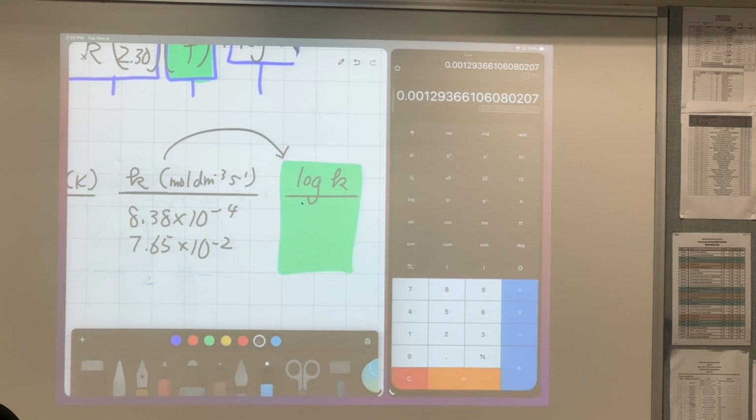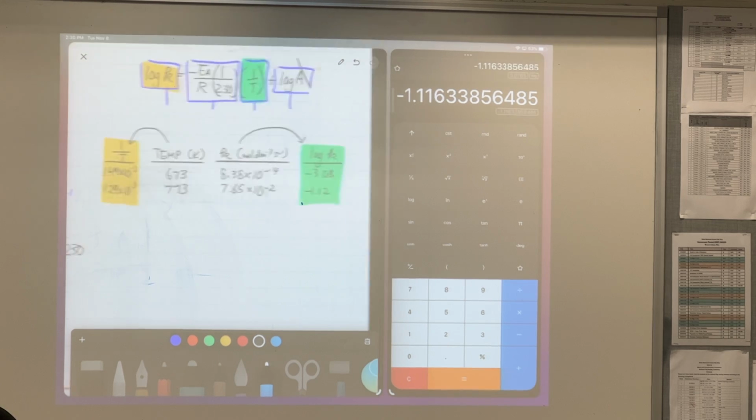So we'll check the answer. Do you get the same number? Negative 3.08. Again, you should use this number, store it. And then you have 7.65 times 10 to the power negative 2. And then you log it. You should get negative 1.12.